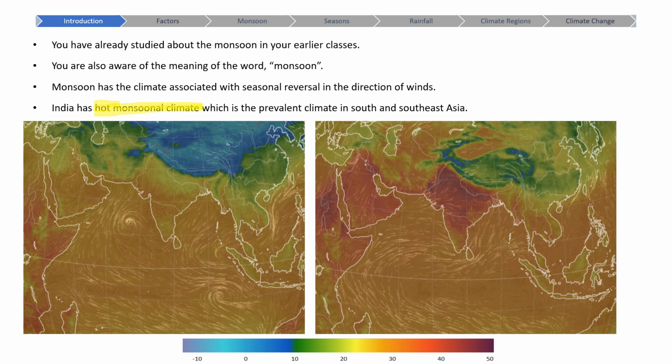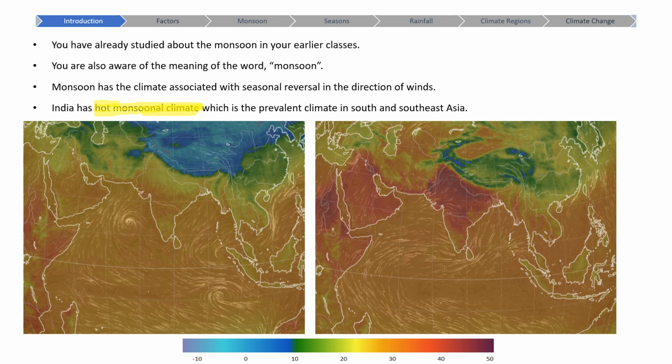And this is the reason that India is a unit. India is a system of monsoon type of climate. This phenomenon, or this system, makes India different from other countries, maybe from West Asia, East Asia and Southeast Asia.